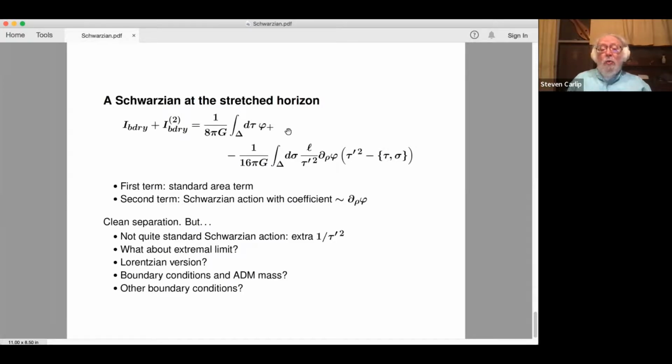It's a Schwarzian action in which the variable is tau, which is this angular coordinate or this imaginary time. It depends on the parameter sigma that is the proper length along the horizon. And it's a Schwarzian. Well, it's not quite a Schwarzian. And this is something that I still don't entirely understand.